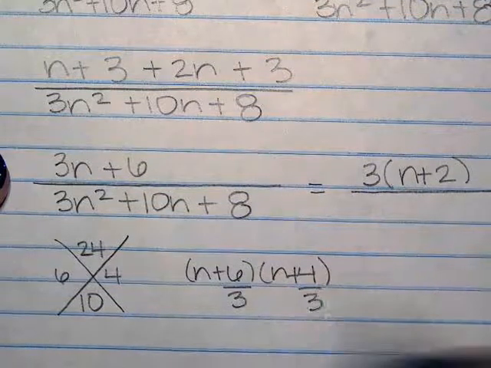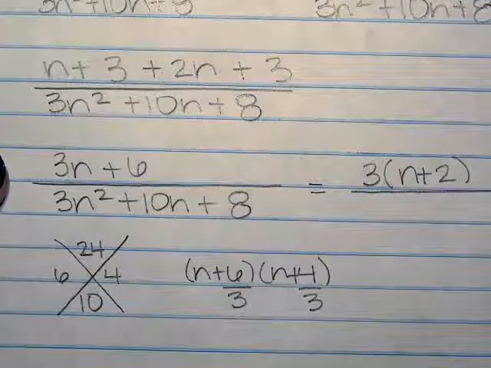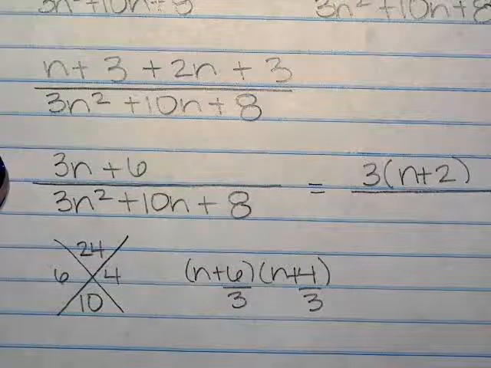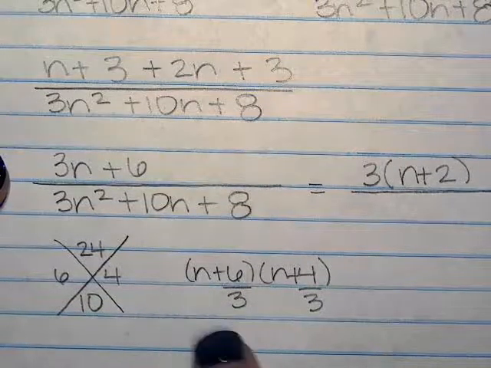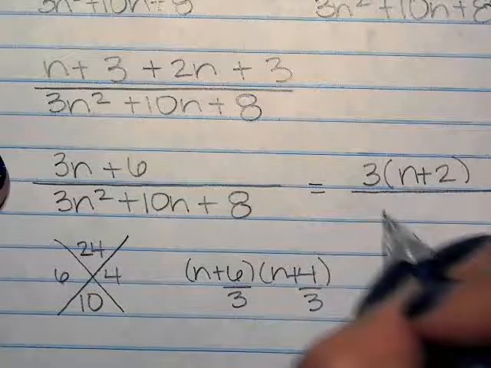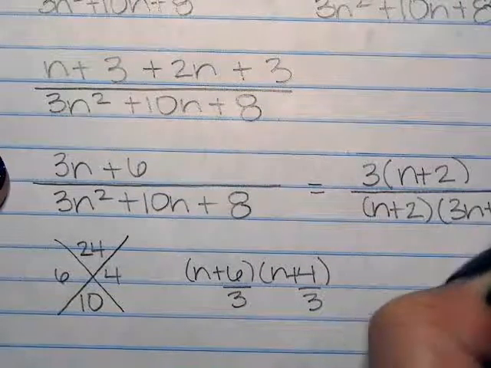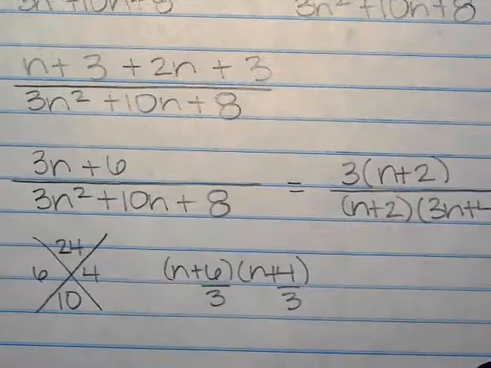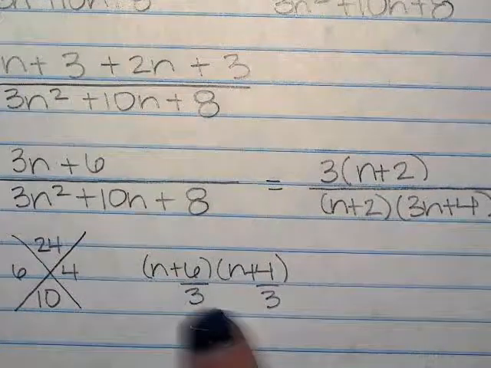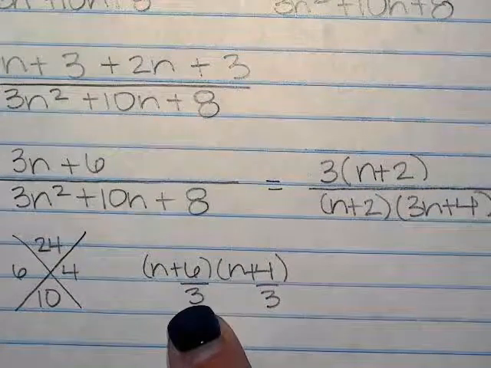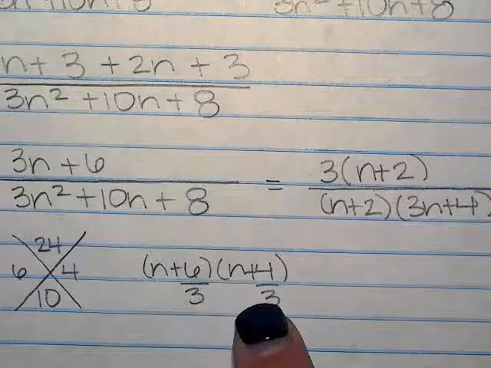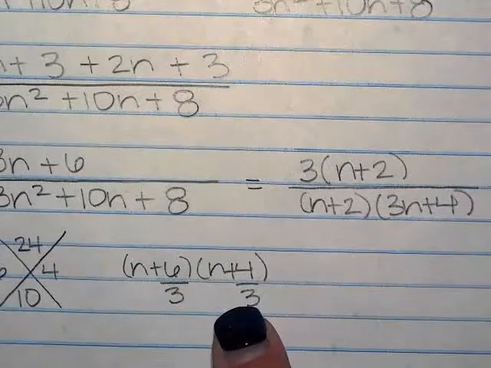You get n plus 2, and then you get 3n plus 4. Okay, so the 6 over 3 reduces to a 2. The 4 over 3 does not reduce, so we had to do a bottoms up for that one.